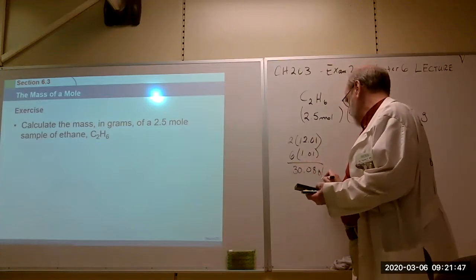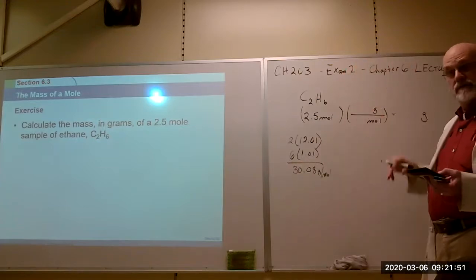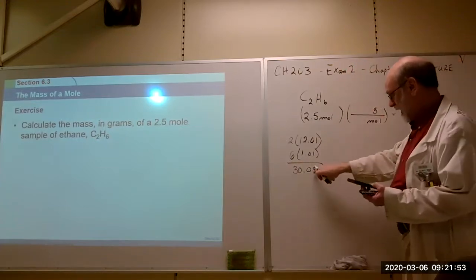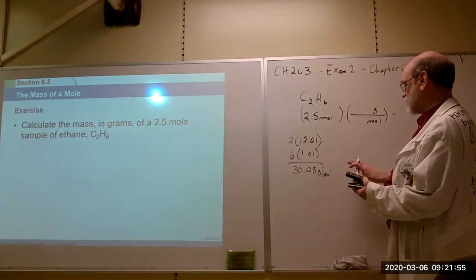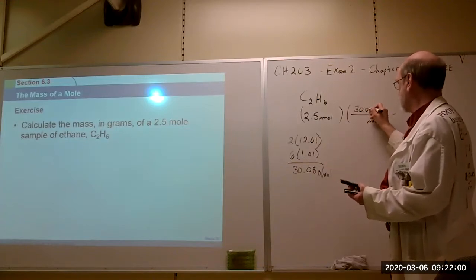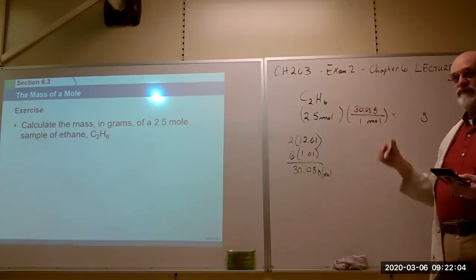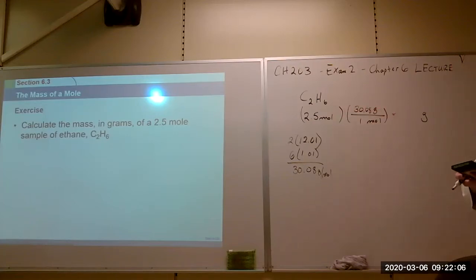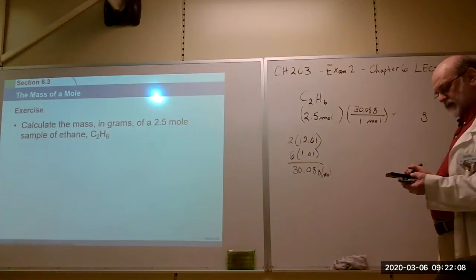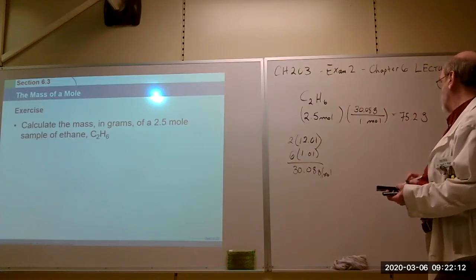And that's grams per mole, molar mass of that compound. Now this is grams on top, moles on the bottom, so we can use it as it is, 30.08, like that. Then we just multiply that times 2.5, right? And I get 75.2 grams.